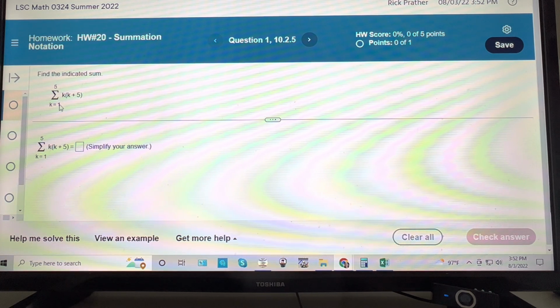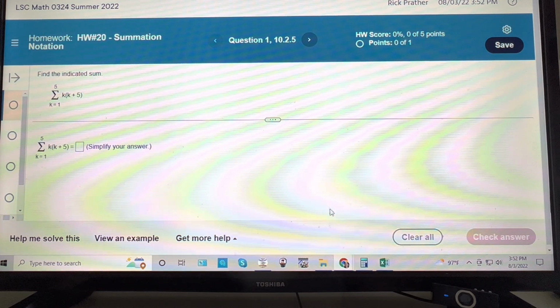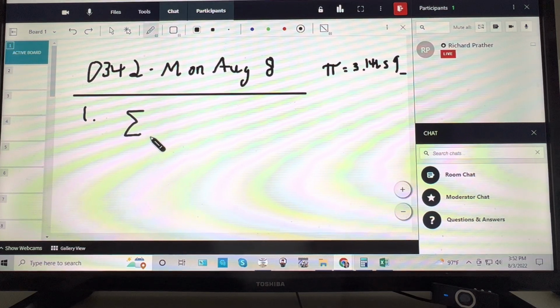So this tells us to start at 1, then go to 2, then 3, then 4, and you keep going until you hit this number 5. And this can be any expression they want to make it. Sometimes it has a K, sometimes it has more than 1 K, like here. Sometimes it doesn't have any K at all. But the K's are where you're plugging stuff in, if you do have any.